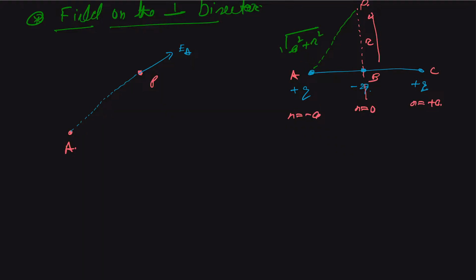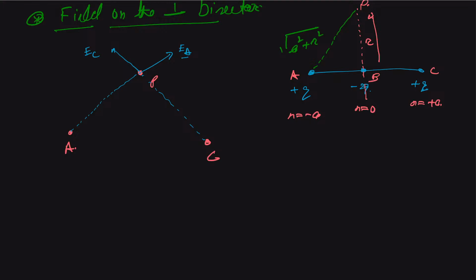Similarly, the electric field because of C, which is here somewhere, will also be in this direction. Let us call this EC. The magnitude will be the same, it is only to make it clear.